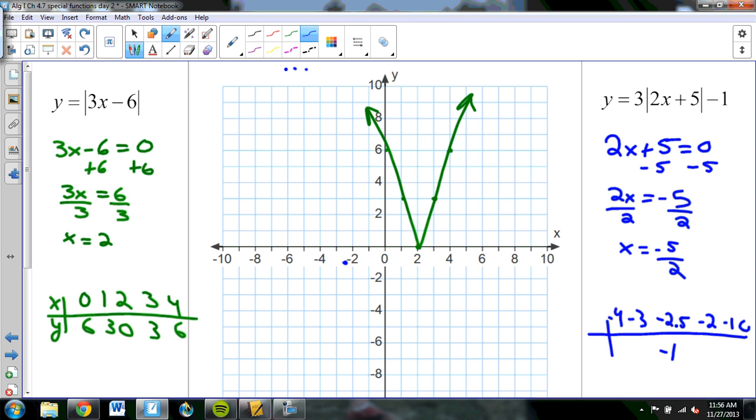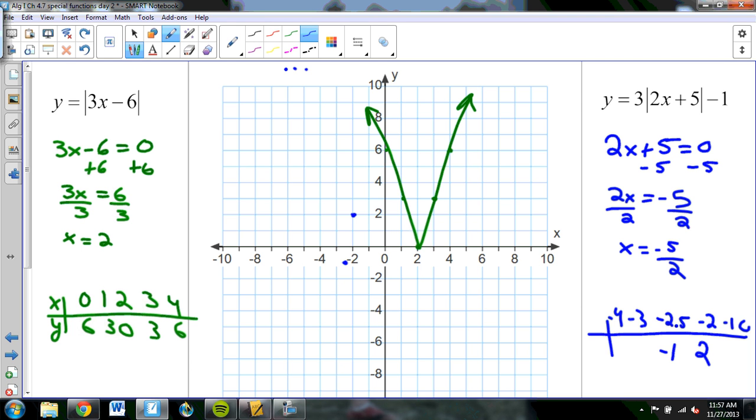Let's plug in negative 2, so it's negative 2 times 2, plus 5 is 1. What's the absolute value of 1? Times 3 minus 1? 3 minus 1 is 2. So the point is (negative 2, 2).